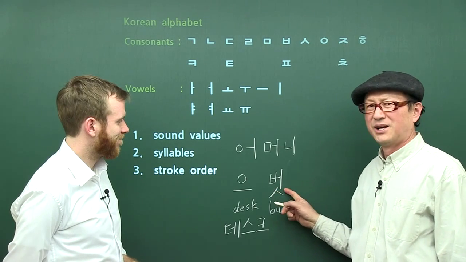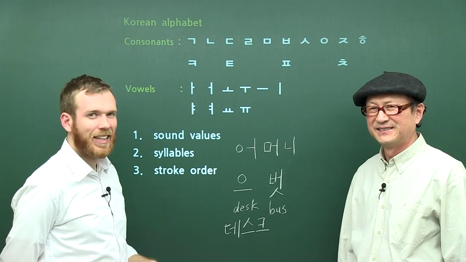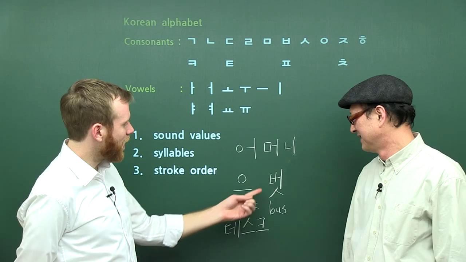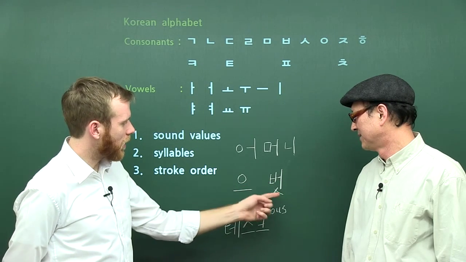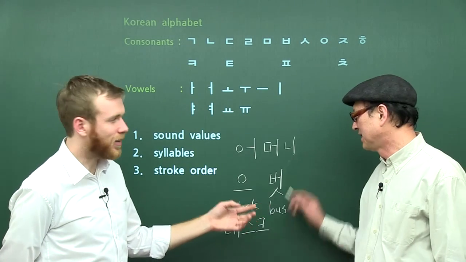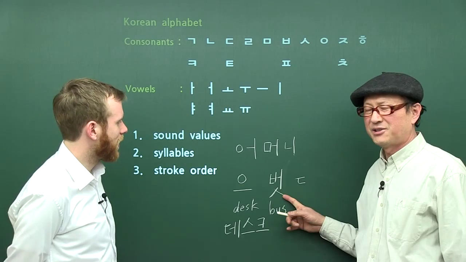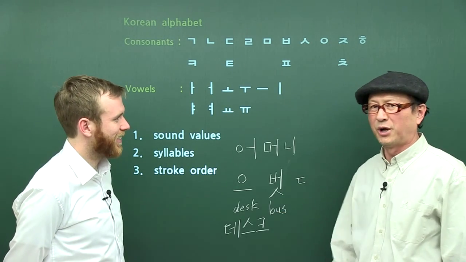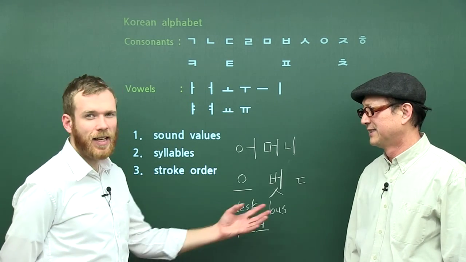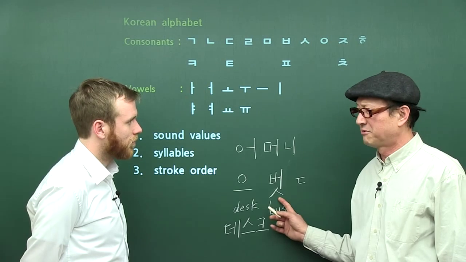But things get a little more complicated here. We can't just have the S sound at the bottom and say bus. That actually changes to a D or a T sound kind of, right? It has a representative sound, which is D. So we don't get the S sound if we add it to the end of a character. So we're going to do the representative sound later.